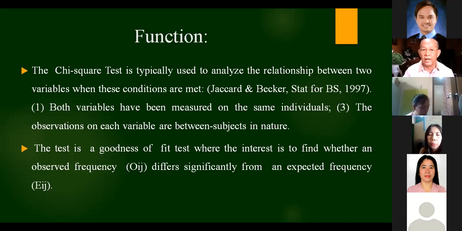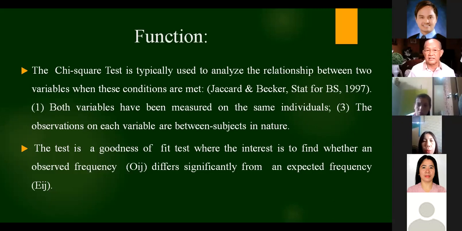One, both variables, I am referring to variable X, which is our independent variable, and variable Y, which is our dependent variable, have been measured on the same individual, or the observations on each variable are between subjects in nature.